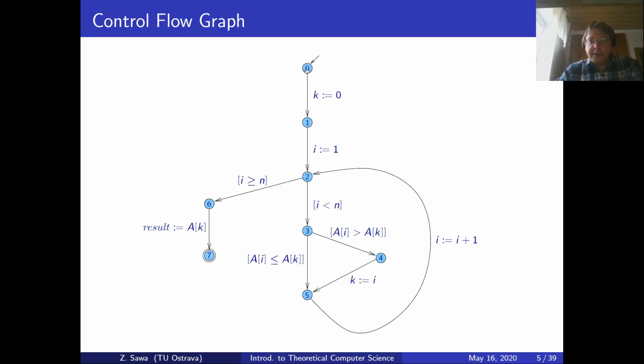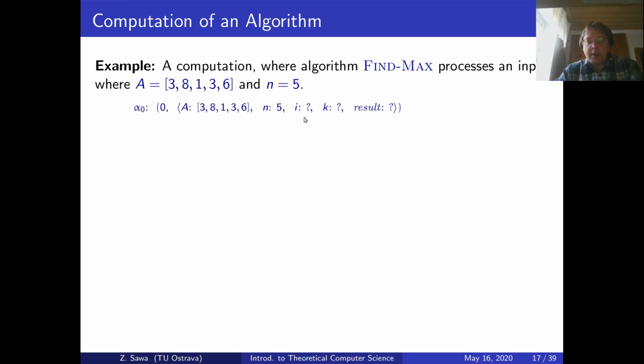So in this control state 0, the only transition that could be performed is this assignment where 0 is assigned to variable K and the next control state is 1. So the next configuration will be when the control state will be 1, and the content of variables A, N, I, and result remains the same, but now the value of K has been changed to 0.